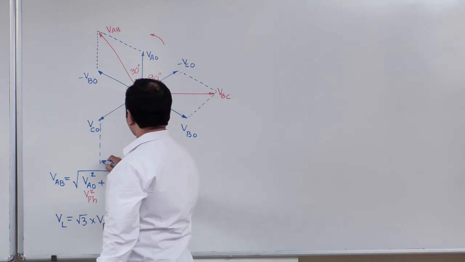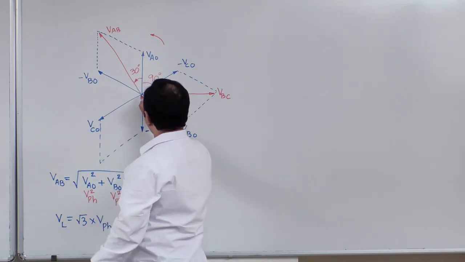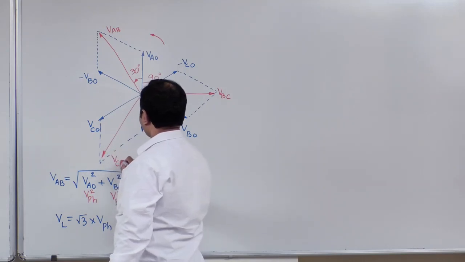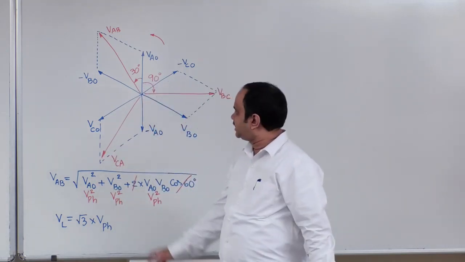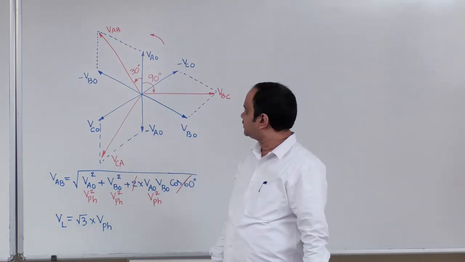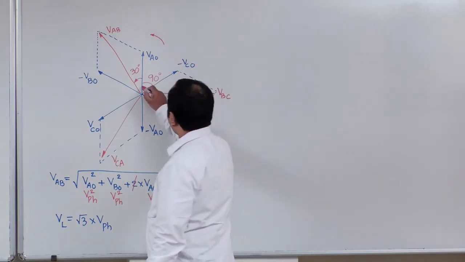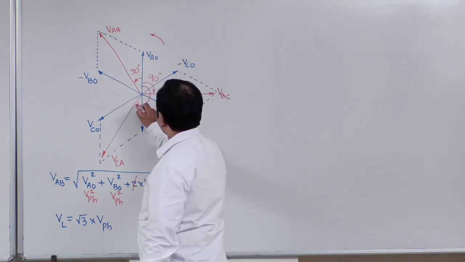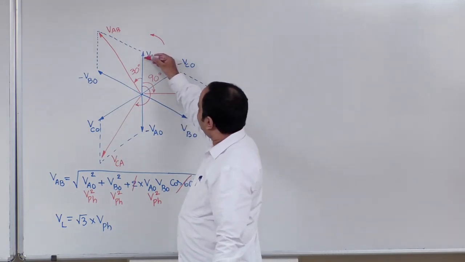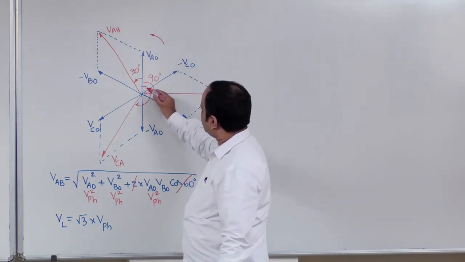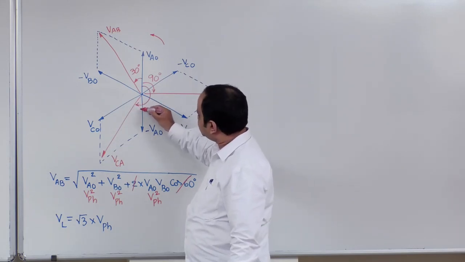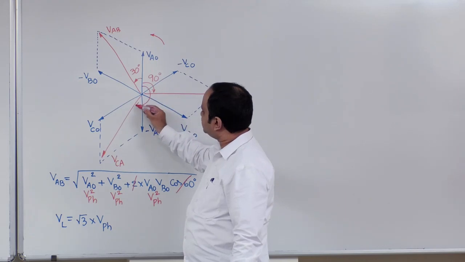Now, the resultant of these two phasors will give you VCA. Now here, what is this particular phase angle? Just question yourself. VAO and minus VAO, this angle is 180 and this angle is 30. Therefore, what is this total angle?